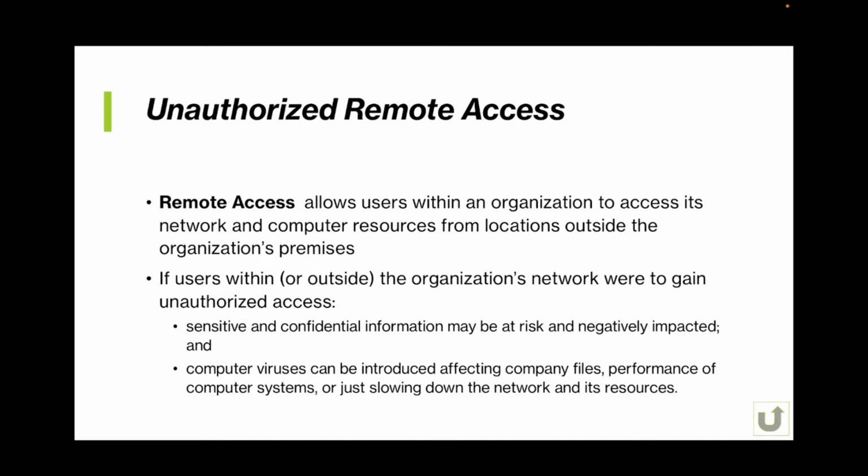So, at a minimum, to combat unauthorized remote access, there should be user IDs and passwords. Also, the use of encrypted networks and what we call the virtual private network or VPN.